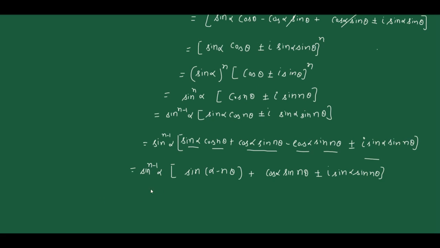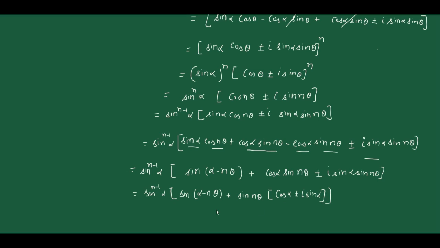Okay, so now sin n minus 1 alpha sin alpha minus n theta. Okay, now you can take sin n theta from this expression, take n theta common, then what you are left with is cos alpha ± iota sin alpha.